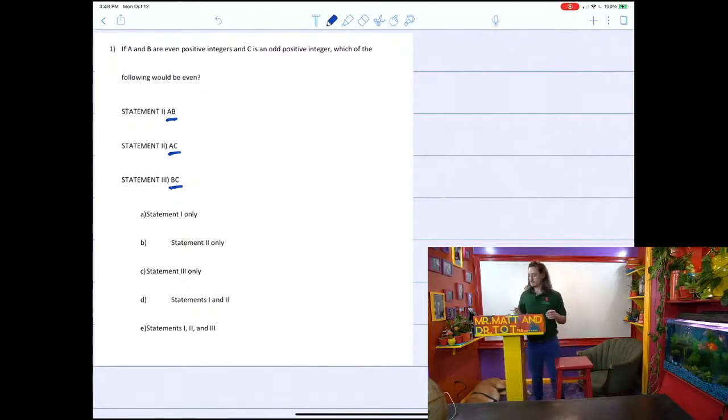For a and b, they're even positive integers, so we're talking about numbers like 2, 4, 6. For C, it's an odd positive integer, so we're talking about numbers like 3, 5, 7. As long as you pick a number to represent the variable that satisfies its domain, which you're allowed to do by the context of the question, then you can substitute in and check which ones turn out to be true statements and select those.